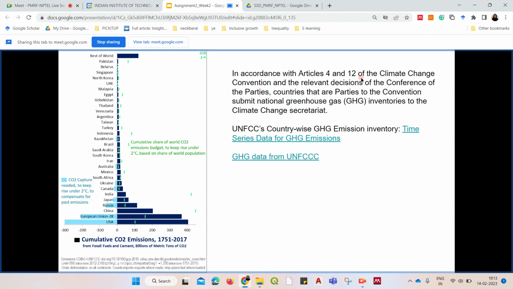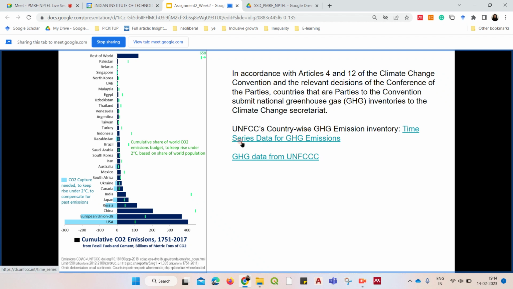Because in accordance with Articles 4 and 12 of the Climate Change Convention, it was decided that in the Conference of Parties, the different parties of different countries which were party to that conference will submit their greenhouse gas inventories to the climate change secretariat. This was done in order to maintain transparency of how much greenhouse gases are being released into the environment by different countries. I have provided the links to the GHG emission inventory.